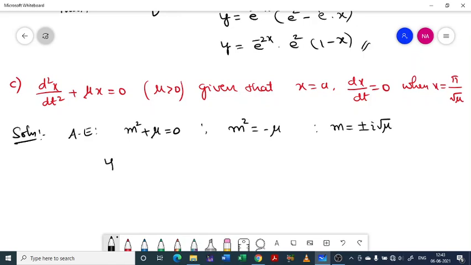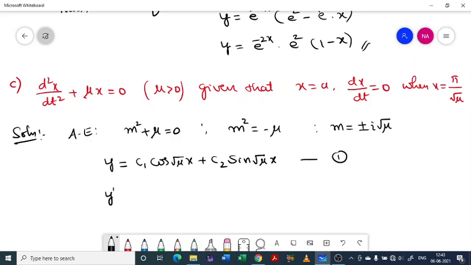So the solution is y equal to e power 0 into x, that is 1, into c1 cos root mu x plus c2 sin root mu x. Call this as 1.